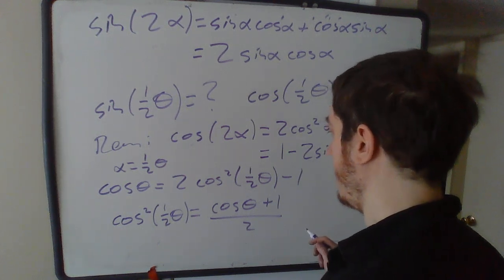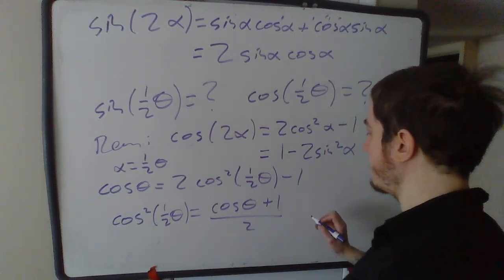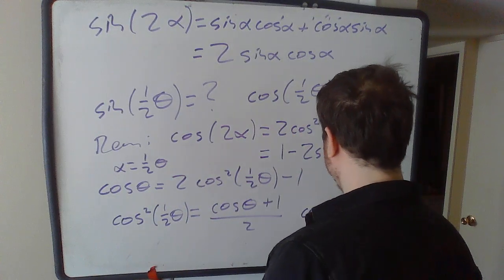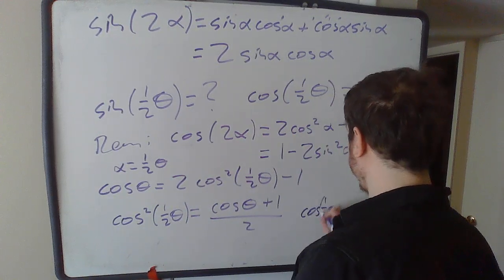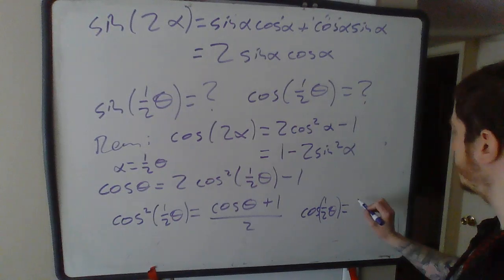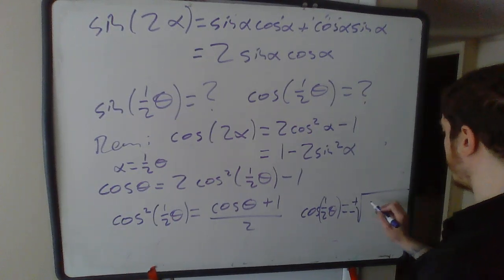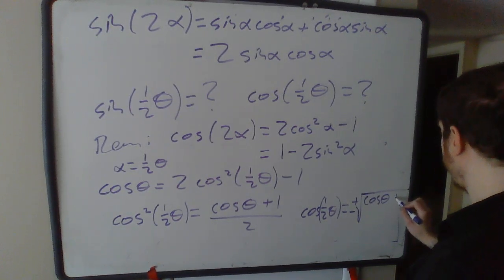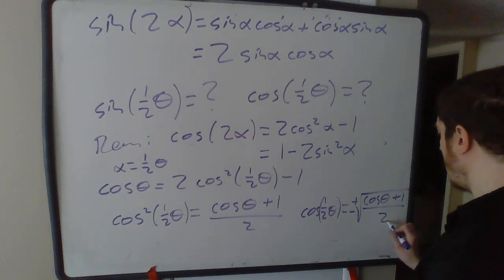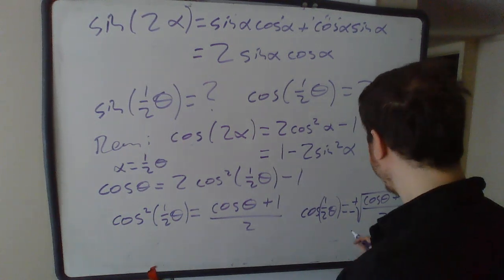If I want to solve for the cosine itself, then the cosine of 1/2 theta is equal to plus or minus the square root of cosine theta plus 1 all divided by 2.